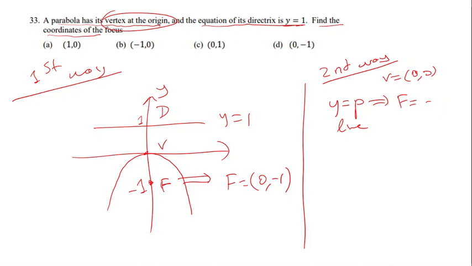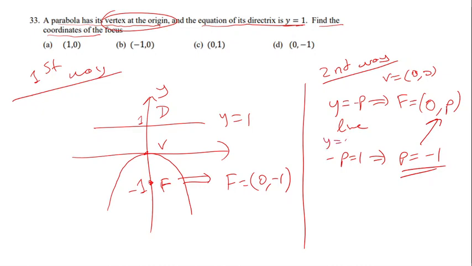So minus p is 1, so p is -1. We have our directrix line y equal to 1. So if you memorize this, you can tell the focus will be (0, -1).